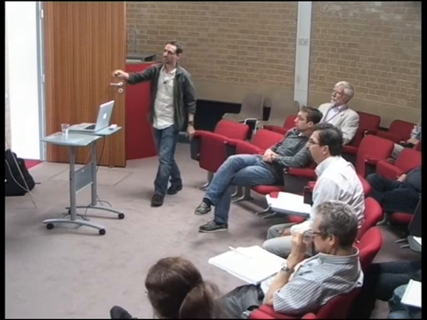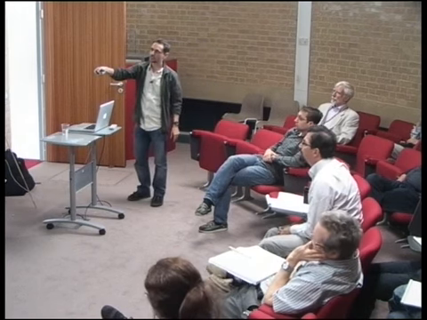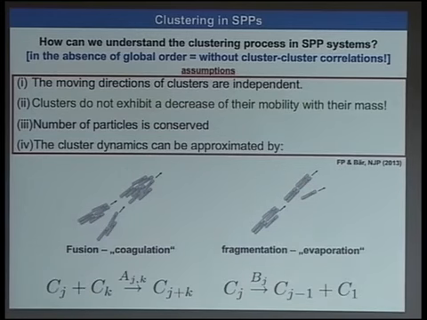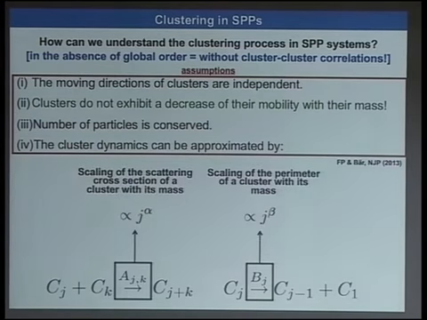Now, the physics of the problem goes in these reaction rates, which are often called kernels, at least in this kind of context. Here A is going to depend on the scaling of the scattering cross-section with the mass of the cluster, and B is going to depend on the scaling of the perimeter with the mass of the cluster.